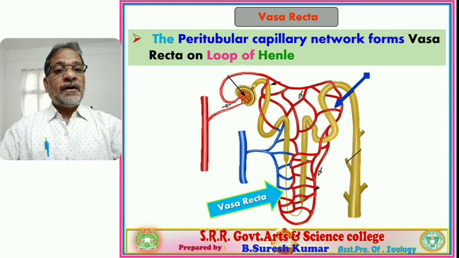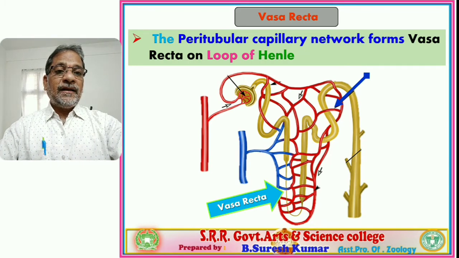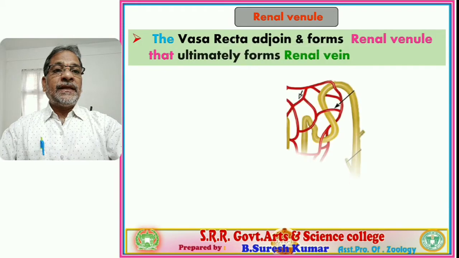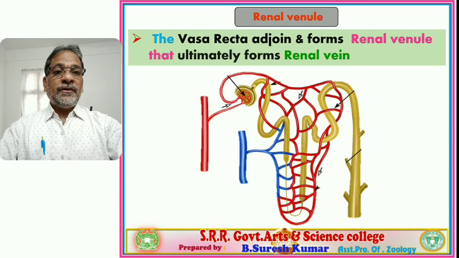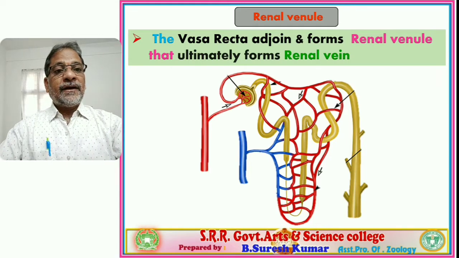So that is called the vasa recta. Followed, students, this is very important. So all these minute capillaries fuse and ultimately form a renal venule. You verify that you have to focus on the vasa recta.